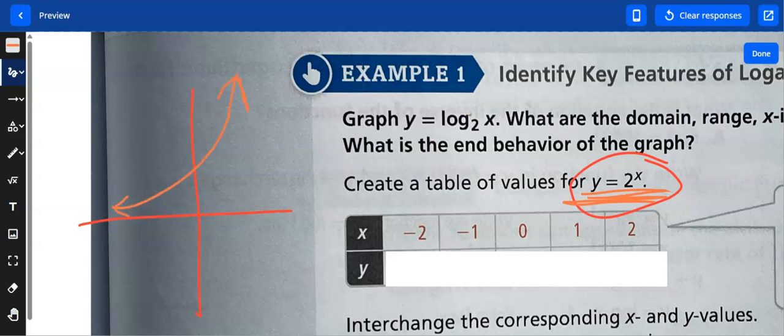So exponential growth, we all know, looks something like this.